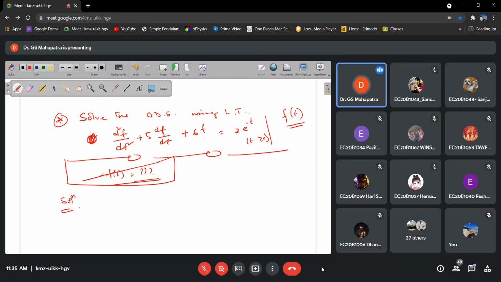What do we have to do? First, we have to take the Laplace transform of both sides of the given differential equation. So taking the Laplace transform of both sides of the given ordinary differential equation, we get the Laplace transform of d2f by dt2 plus 5 df by dt equals the Laplace transform of 2 e to the power minus t.